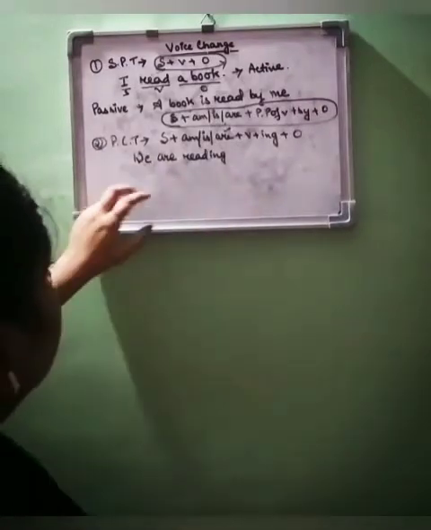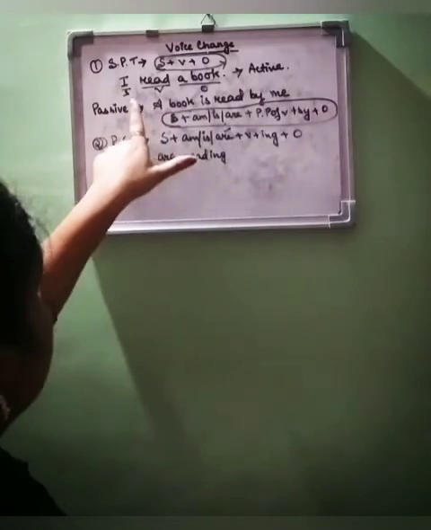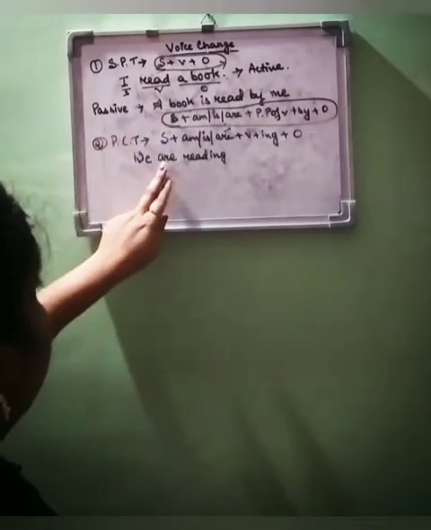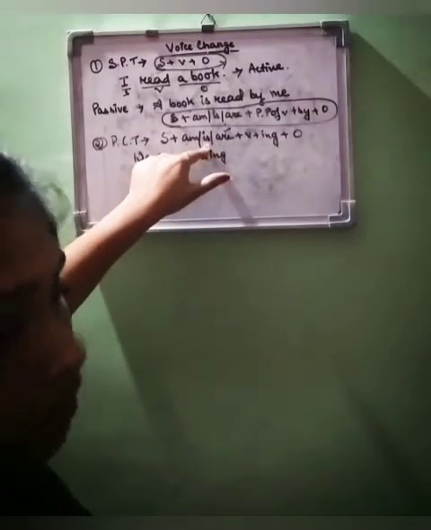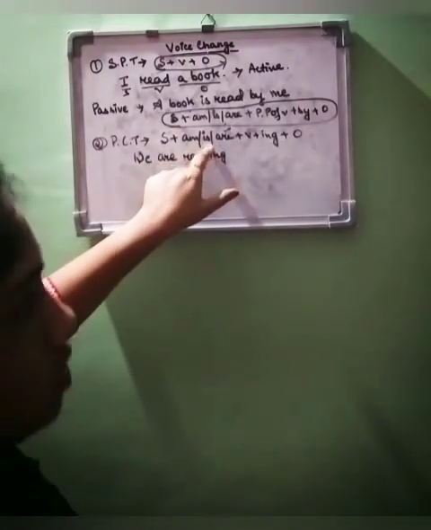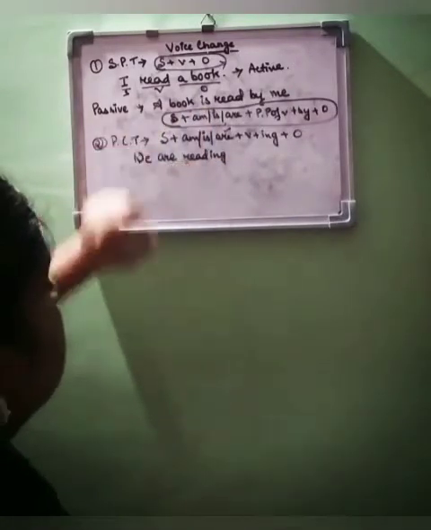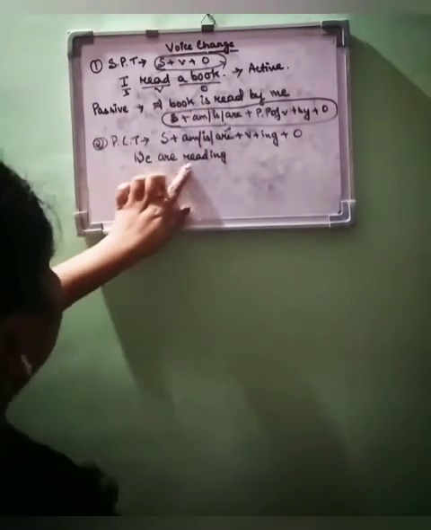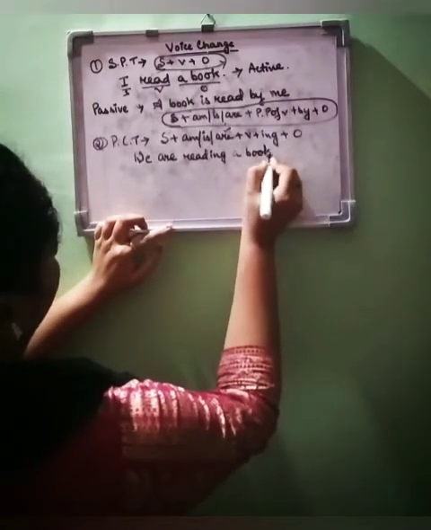If it was I, then we could have written am. And if it was some singular thing in third person, we could have written is, because this is third person singular number. So, we are reading a book.